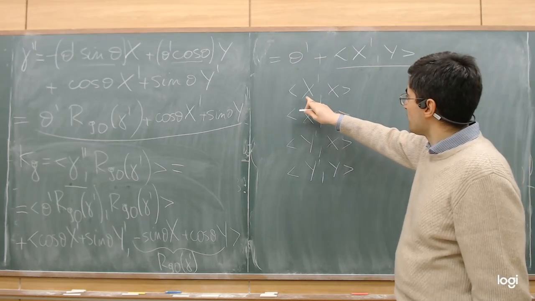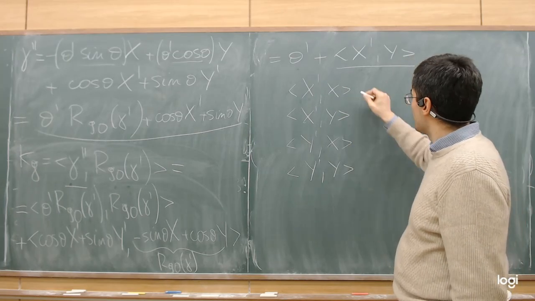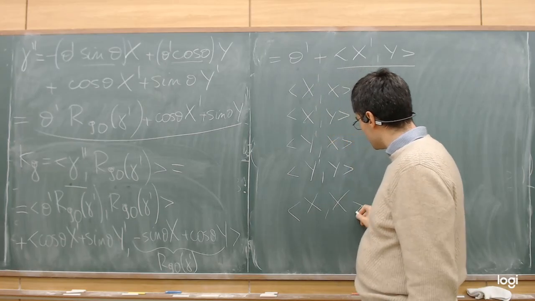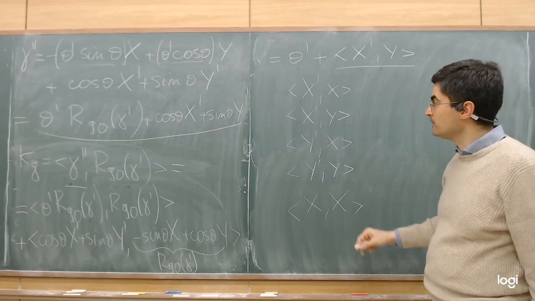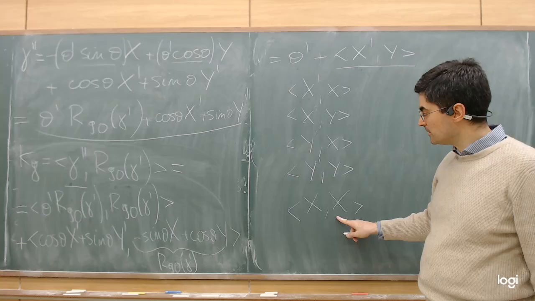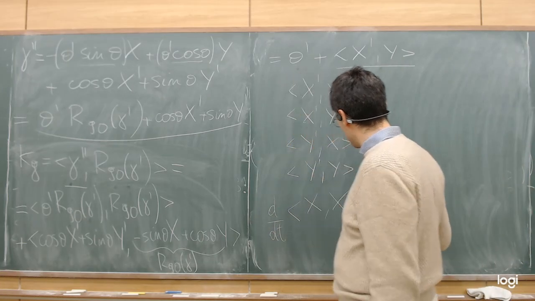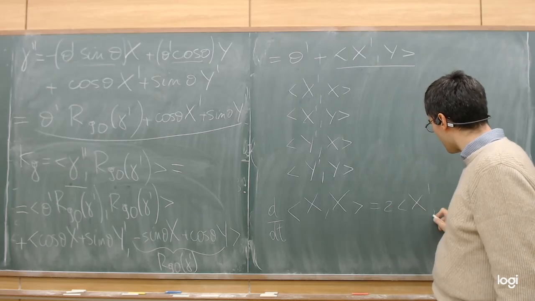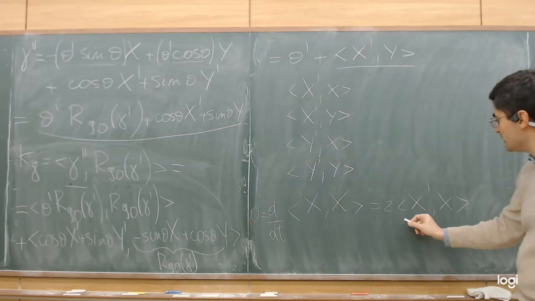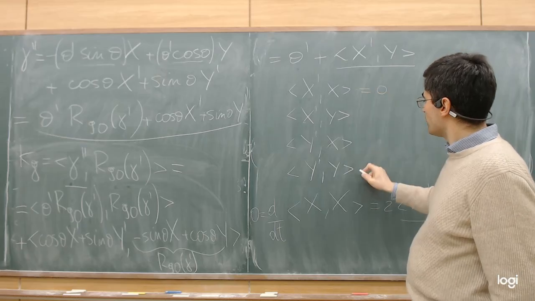Why? These and these are 0 because this is a constant equal to 1. Consequently, the derivative with respect to t of this is equal to 0. But this is 2 times x prime x. So this is 0. For the same reason, this is 0.